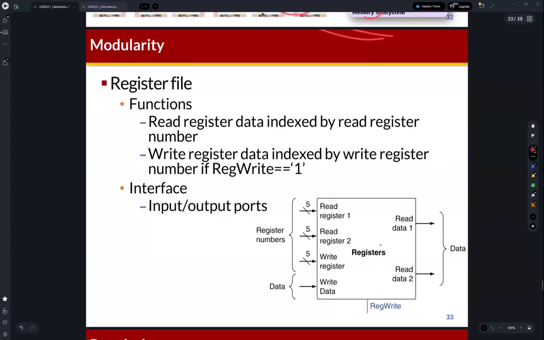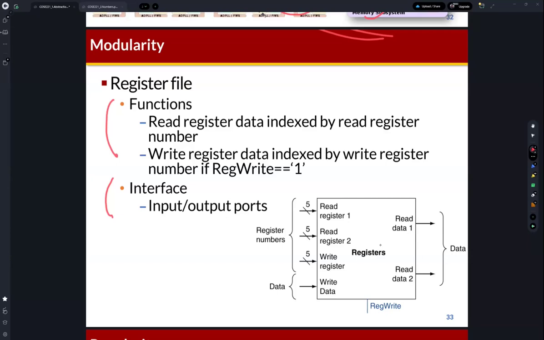Modularity. This is an example of modularity, and as I mentioned, when we design a module, we need to define the interface, like the input and output ports of a module, and its function. This is an example of a register file. You will learn about the register file in the computer architecture course. But you can find the function and the interface of a register file here.